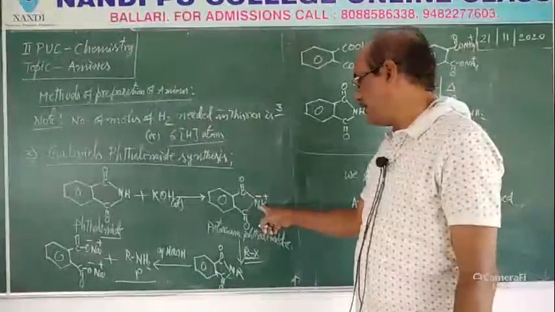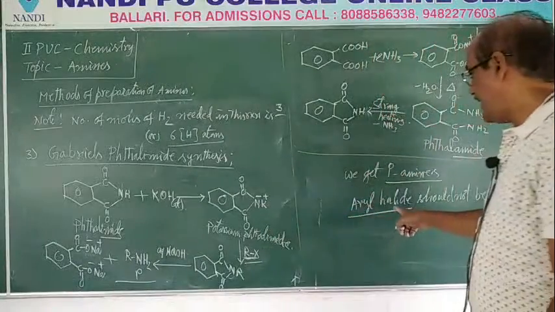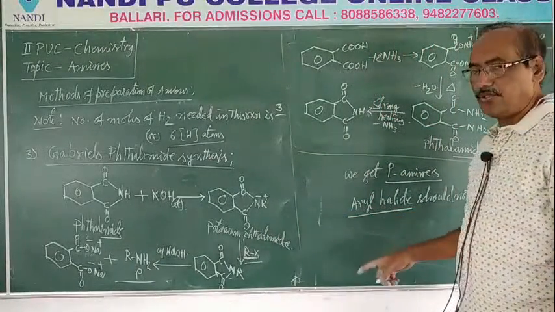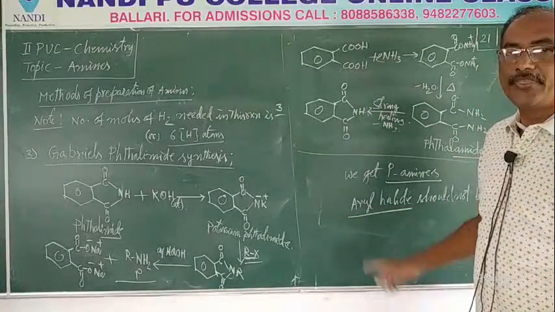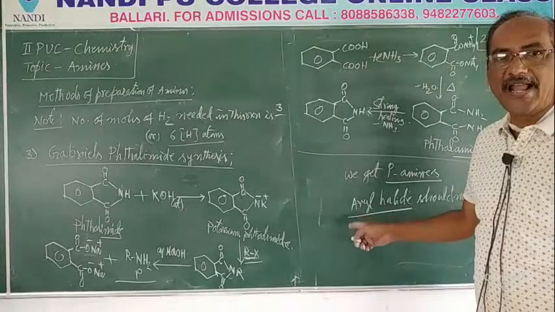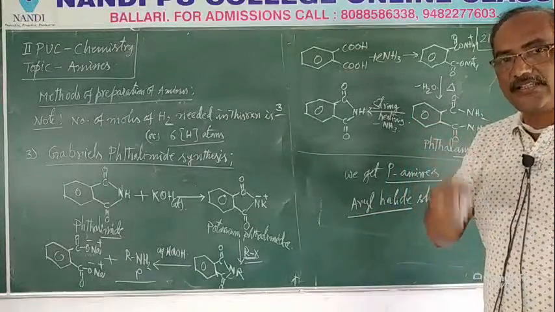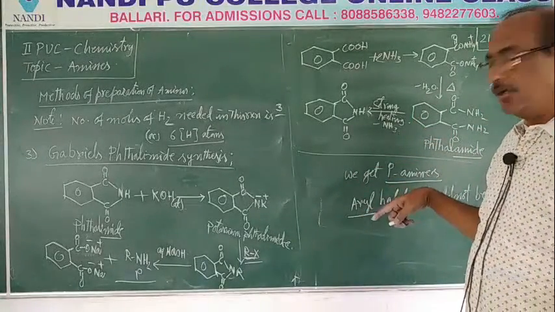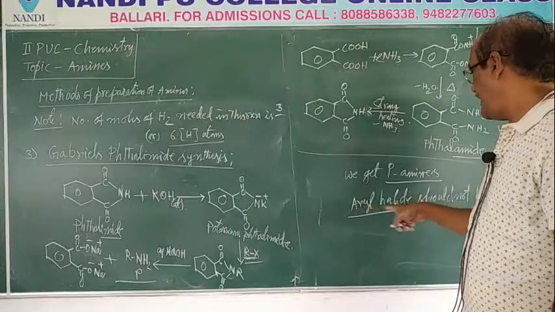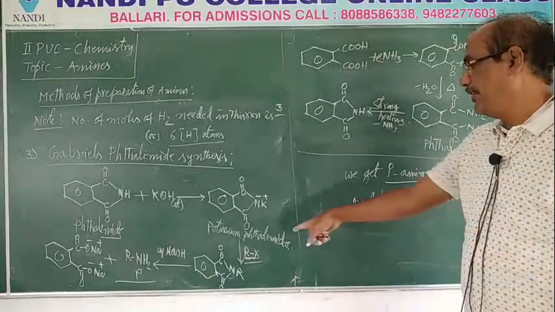The negative ion of phthalimide is a nucleophile. Nucleophilic substitution in aryl halides is very poor because the halogen-carbon bond has a double bond character. This is already discussed in aryl halides. Therefore aryl halide should not be used in this reaction.